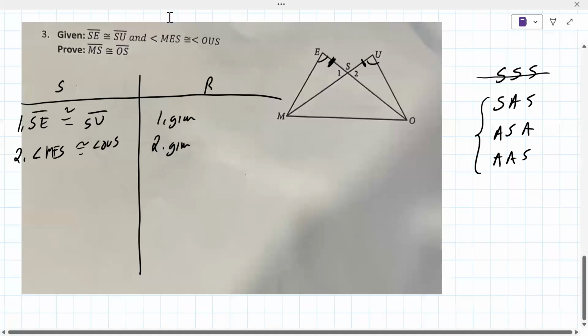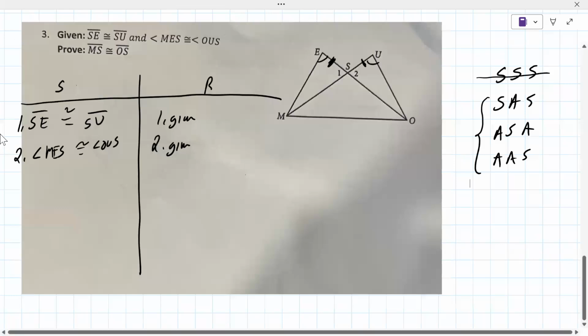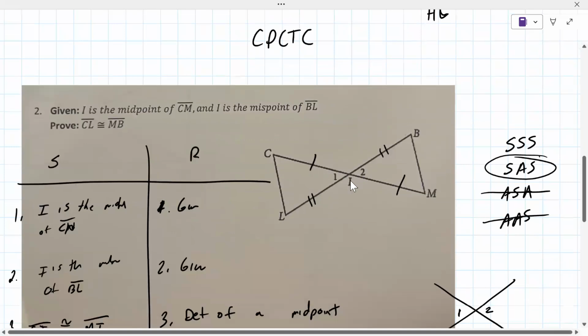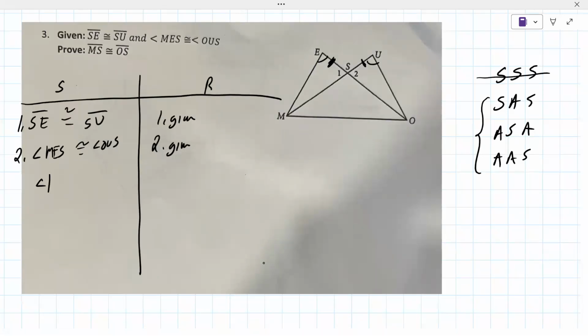What are the reasons that you know you can prove angles are congruent? Are these vertical? Well, what makes them vertical? Why were these vertical angles? Yeah, they meet at an X. So do these angles meet at an X? Yeah. So they are congruent. Angle one is congruent to angle two.